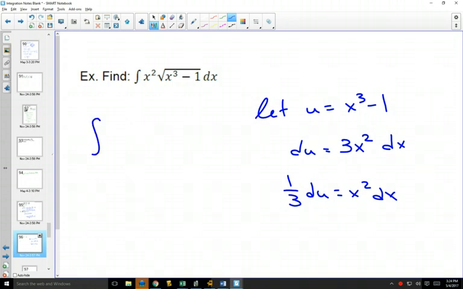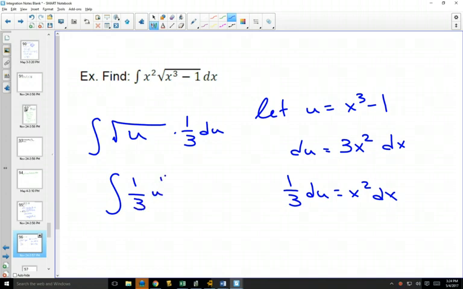Now we can rewrite our integral. Instead of the x squared dx, we can write 1/3 du. And we would have square root of u times 1/3 du, which is the same thing as 1/3 u to the half du.